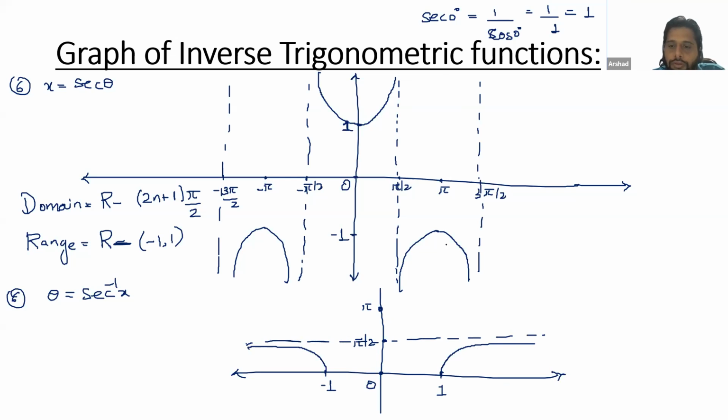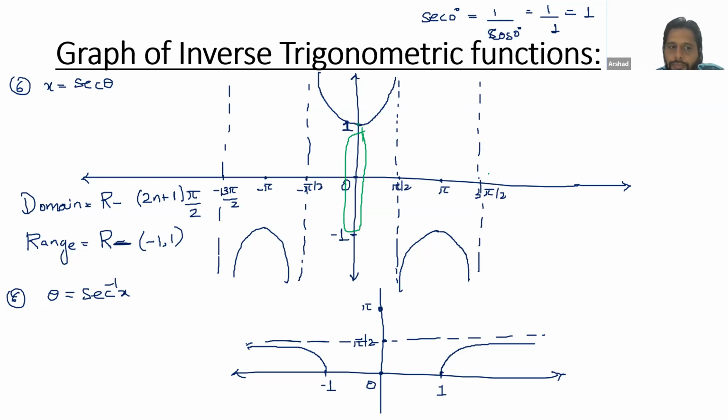For the range, please check here, as I explained in cosec theta, that for this portion you can see that there is no graph. But yes, -1 and 1 are present on the graph. So from R, we will remove this -1 to 1.